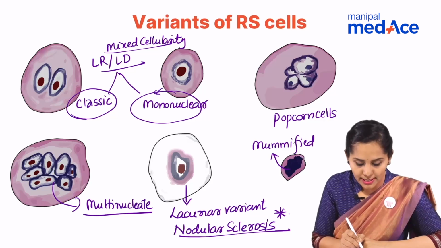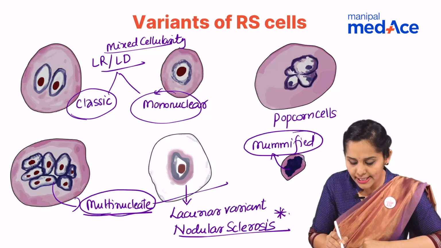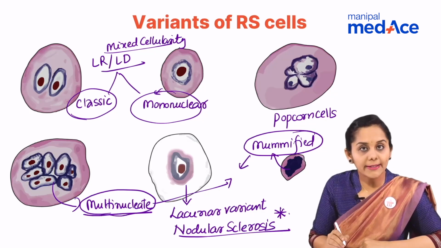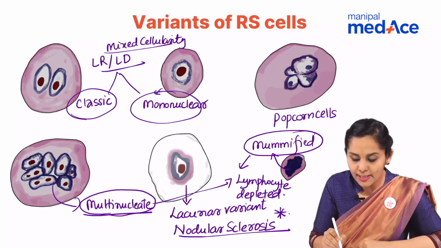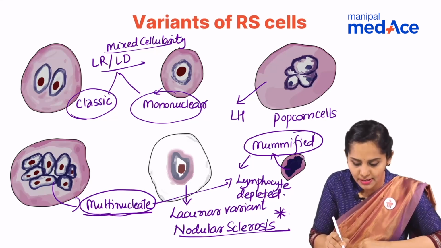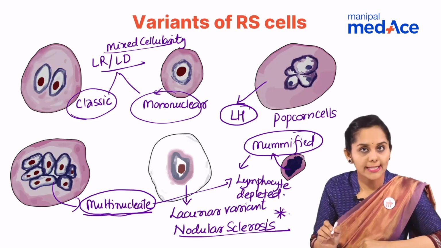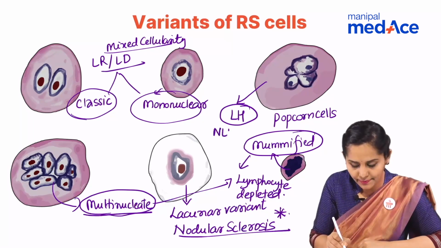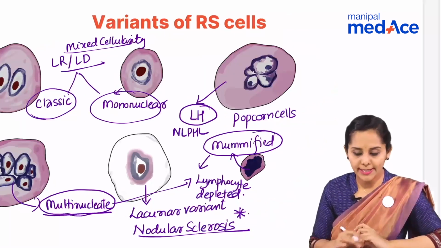This particular type, that is the multinucleate form as well as the mummified form, is seen in the lymphocyte depleted type. Whereas these popcorn cells, which are also called LH type, are associated with nodular lymphocyte predominant Hodgkin lymphoma, that is non-classical Hodgkin lymphoma. Remember this, okay. These are the important subtypes and where you see them.